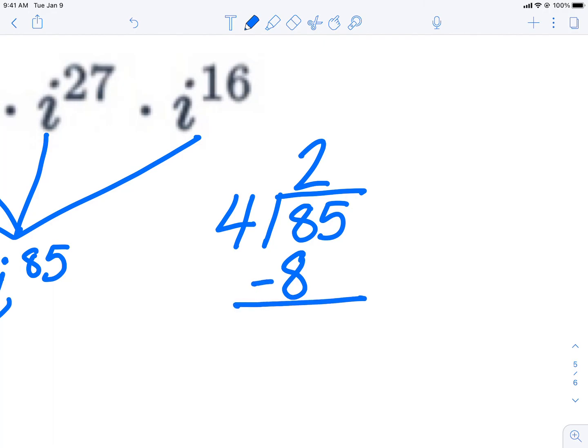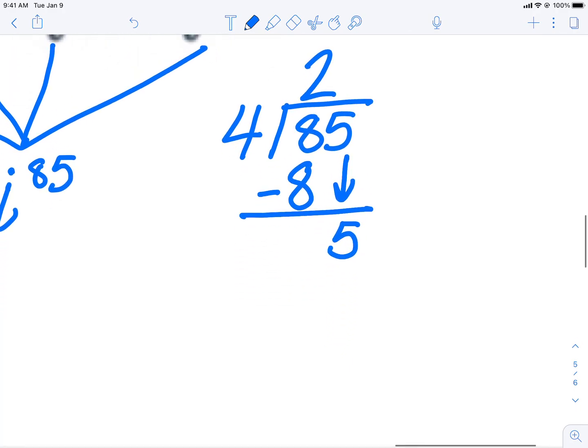I subtract. 8 minus 8 is 0. I bring down my 5. How many times does 4 go into 5? 1. Right? 4 times 1 is 4. 5 minus 4 is 1.